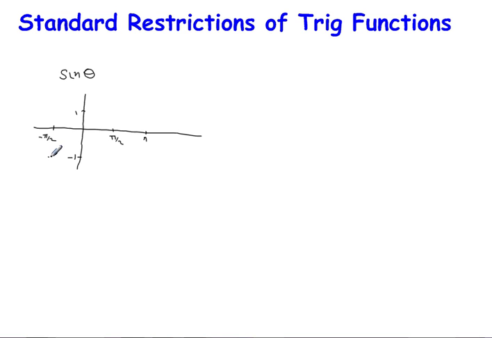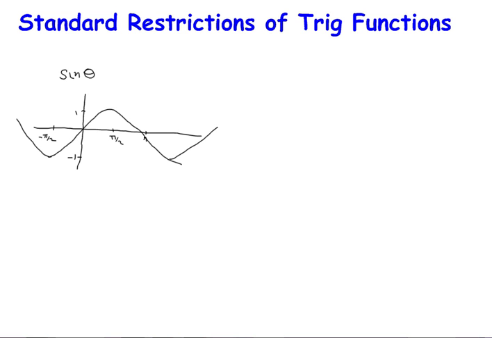And if I graph the sine, it looks something like that. And of course it repeats over and over again, forward and backwards. Of course it's not invertible, but how do we make it invertible?